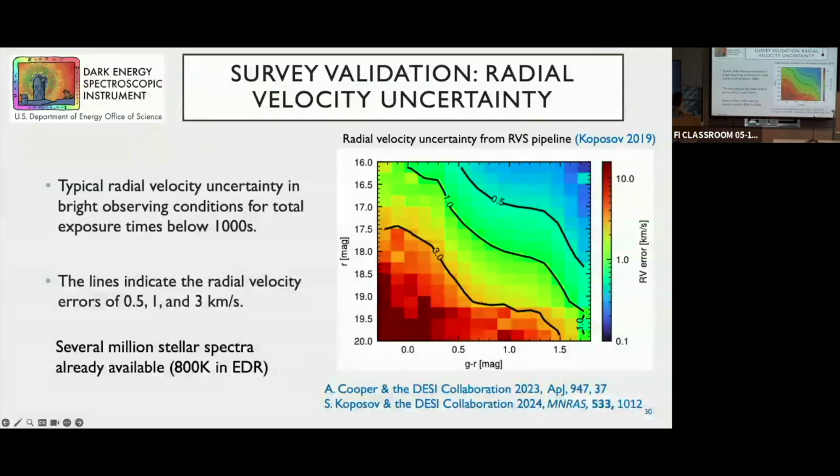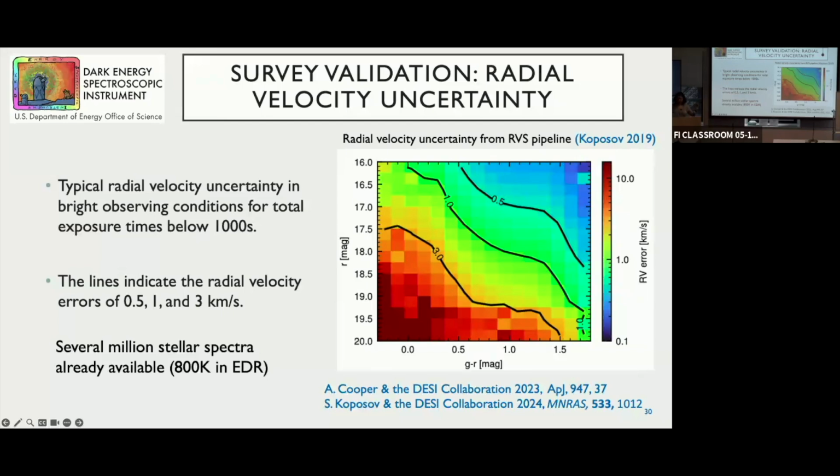The radial velocity accuracy varies between 0.5 kilometers a second and 3 kilometers a second, and can go as high as 10 kilometers a second in the very red and for low magnitudes. There are already several million spectra taken, and about 800,000 of them were publicly released last year. I think another 2 million spectra are being released in April. So at least 2 million stellar spectra. There are, of course, lots of others.